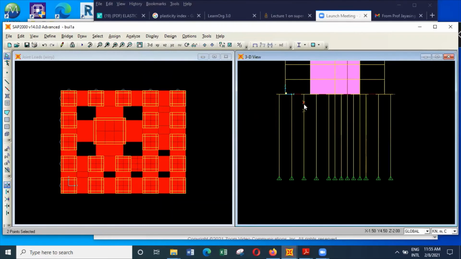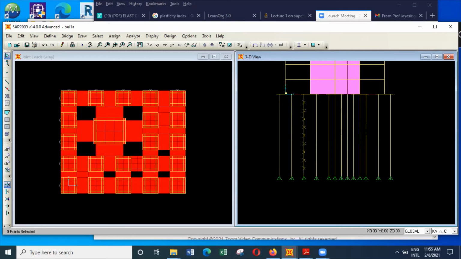So every 2 meter height, you get a spring. So here you can see 18, 16, 12, and so on.